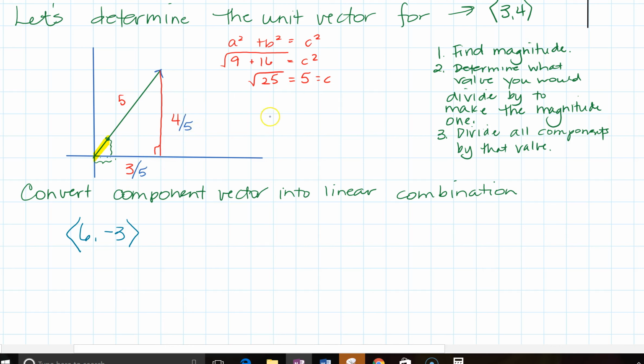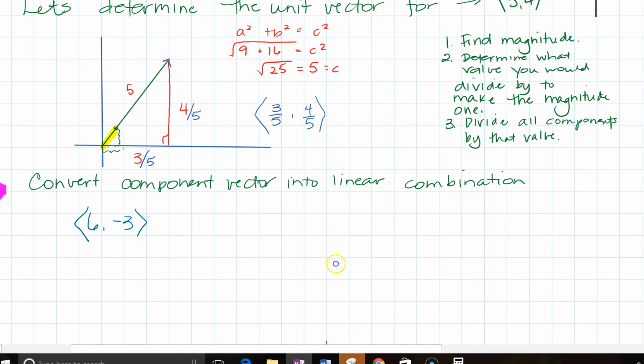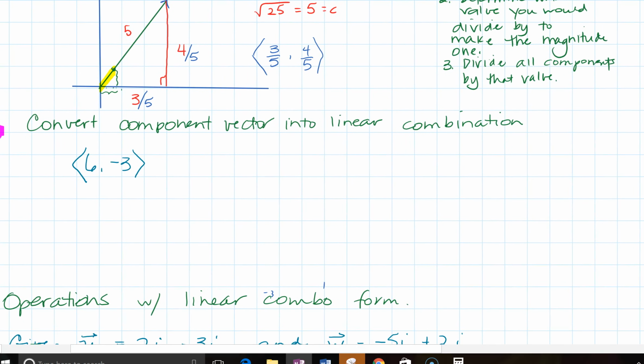So now what I have is my horizontal component is 3/5, comma, 4/5 for the vertical, and I make the little component form v. So I've written that for you here. Just determine what value you would have to divide by to make the magnitude 1, and divide all components by that. And there you have it. That's my unit vector.